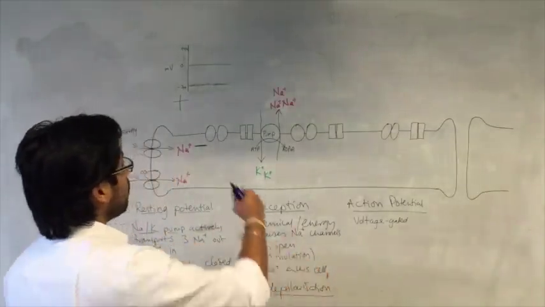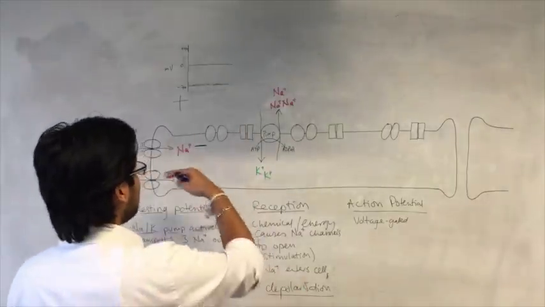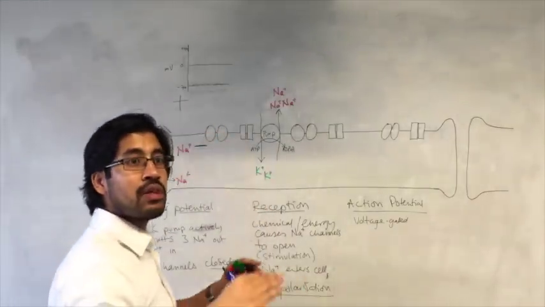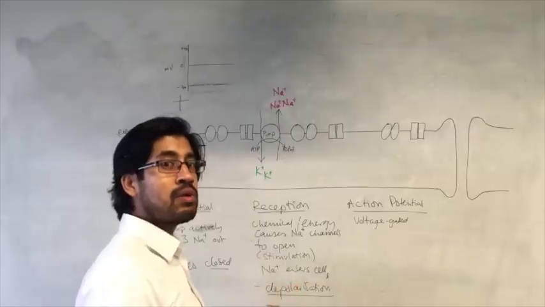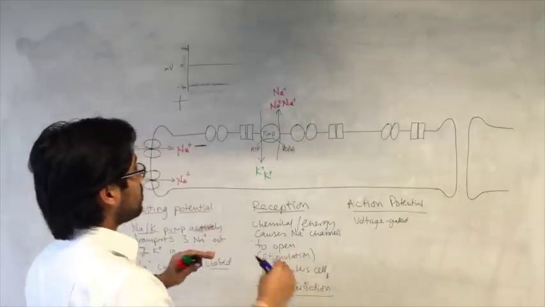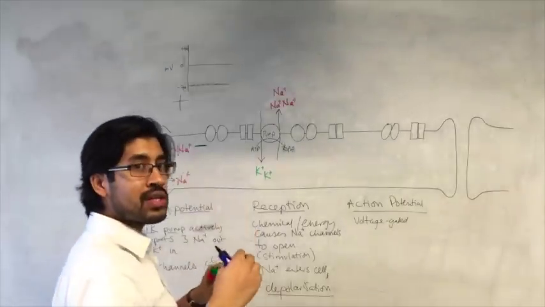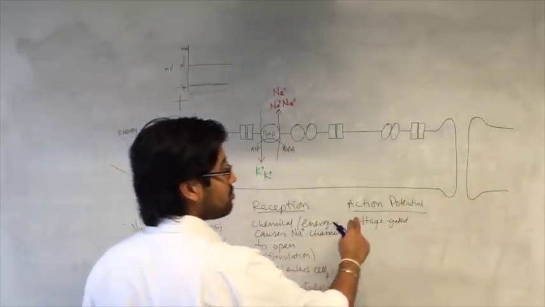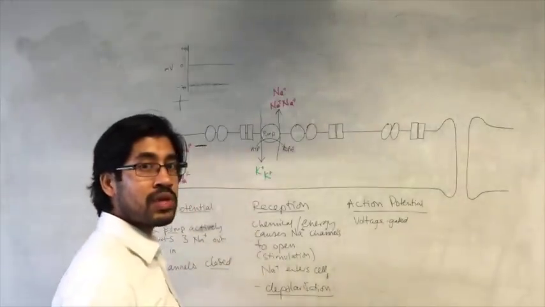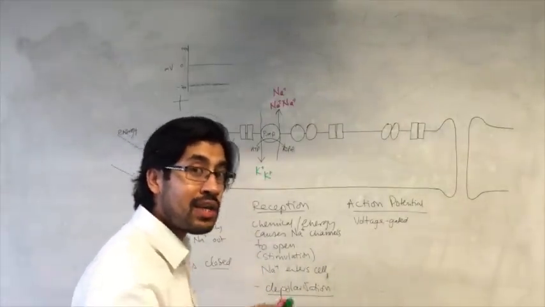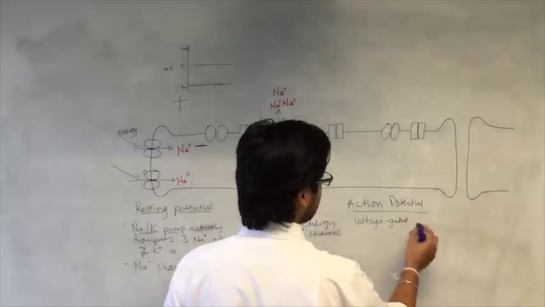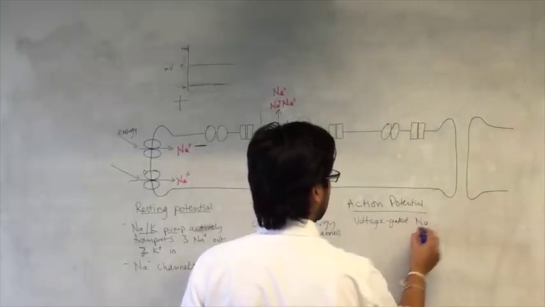So when the cell is at rest, it's negative inside, it's positive outside, the voltage-gated sodium channels are closed. But when a small depolarization happens, it makes some of these voltage-gated sodium channels open because there's been a change in the voltage across the membrane.